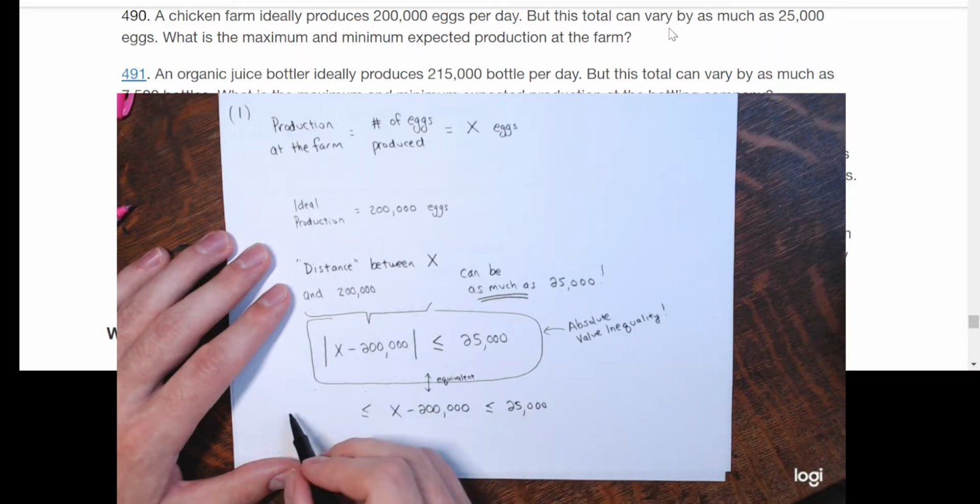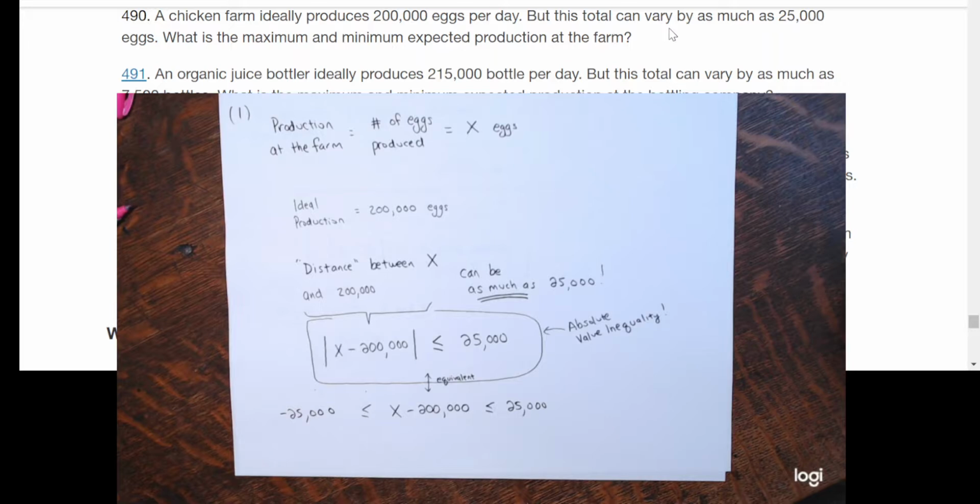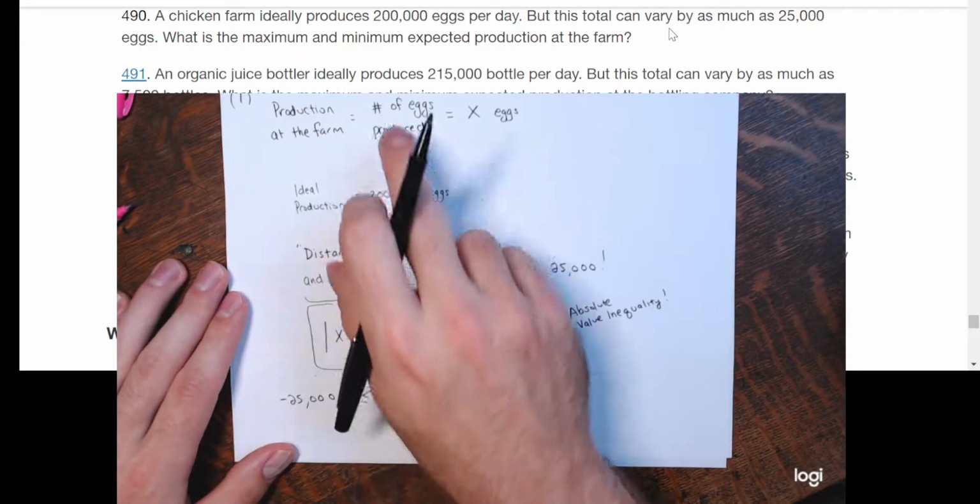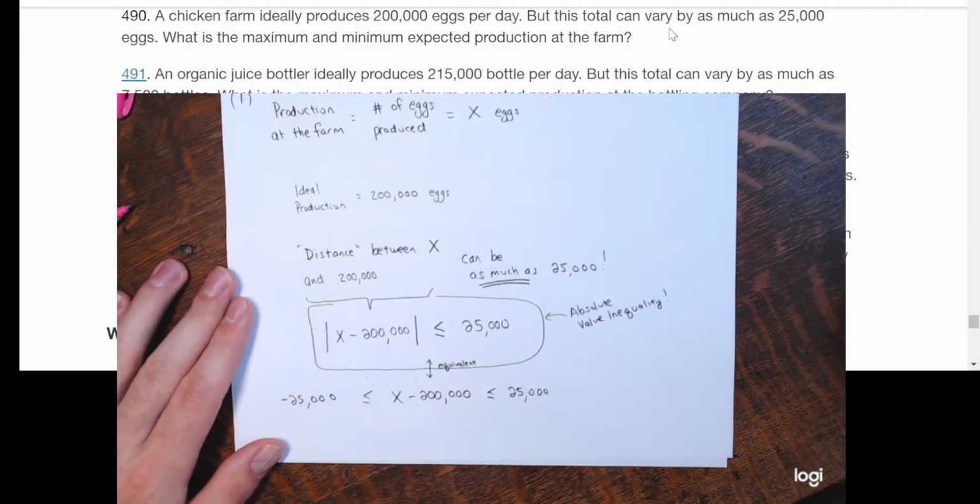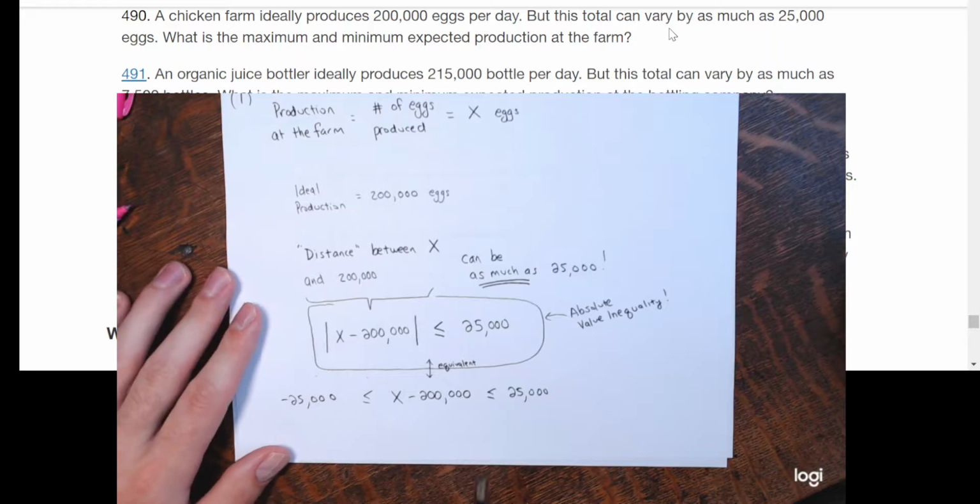And hopefully, again, you have seen how to solve absolute value inequalities at this point. Then to solve for the variable x, how many eggs the farm expects to produce each day, I would just add 200,000, getting the variable along the middle.